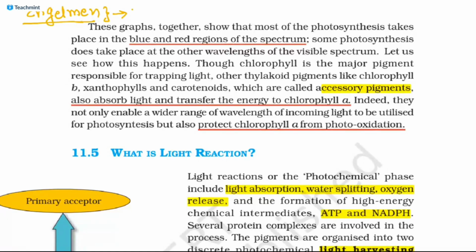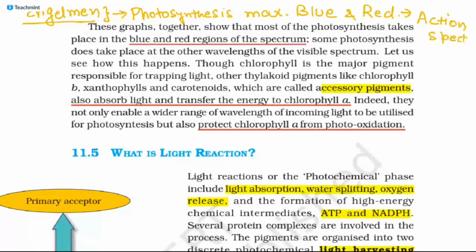Yes. So basically, it says that photosynthesis is maximum in blue and red. And at that time, we say that he was the first to study the action spectra of photosynthesis. So now we have actually studied the action spectra again at different wavelengths.